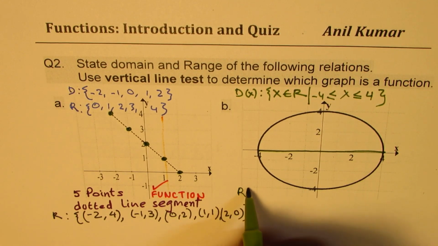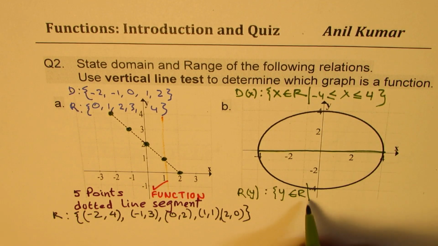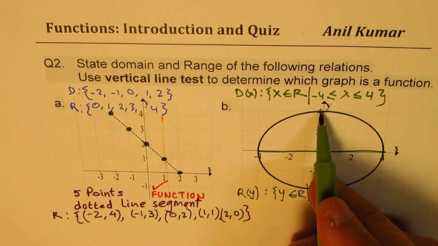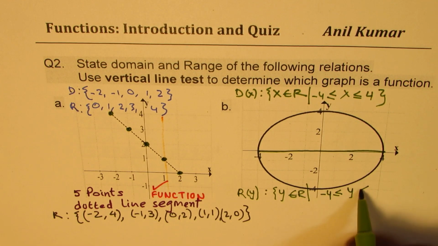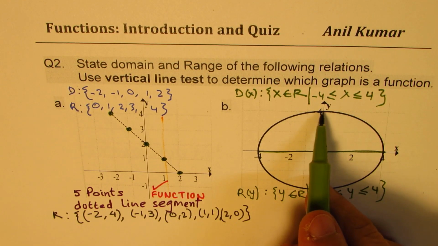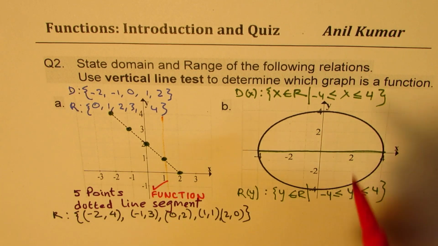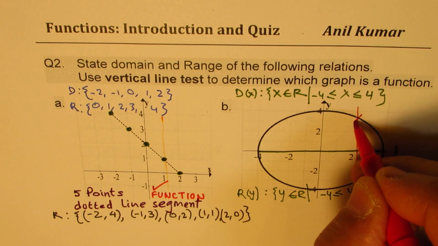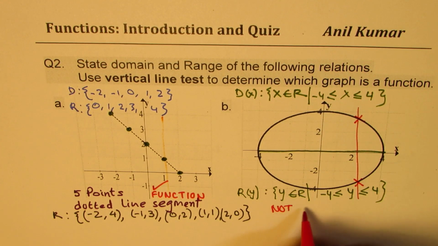And the range, the y values, could be represented similarly as y belongs to real numbers, where y is also between plus and minus 4. So we say y is greater than or equal to -4 and less than or equal to 4. So it is the set of real numbers because it is a solid line. But now, if I draw a vertical line, it intersects at 2 points, and therefore it is not a function.